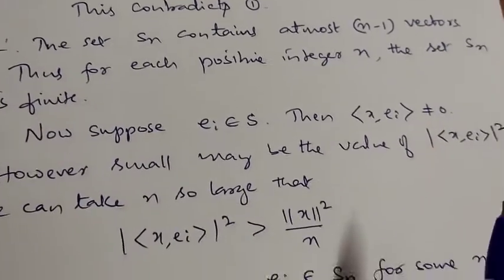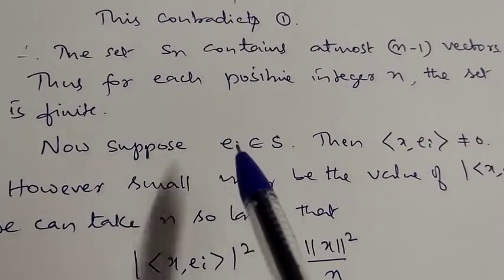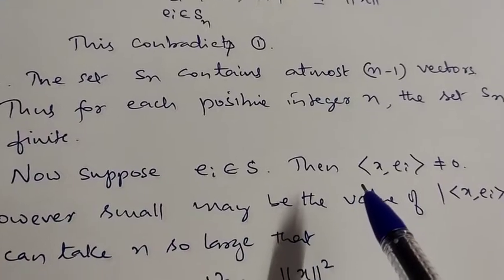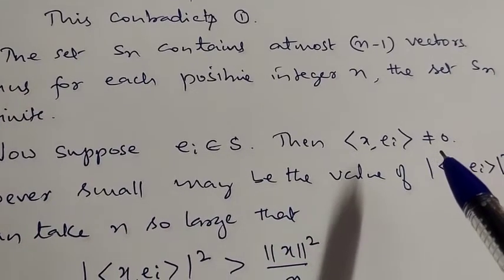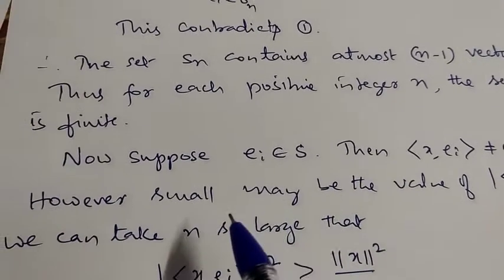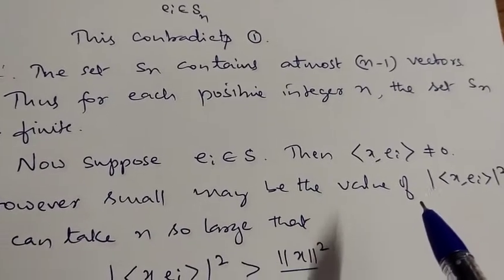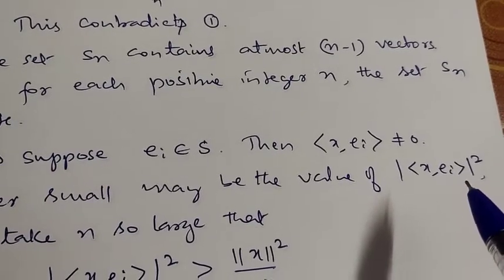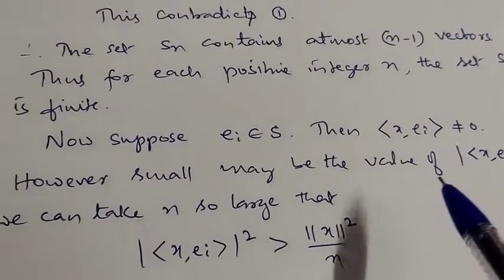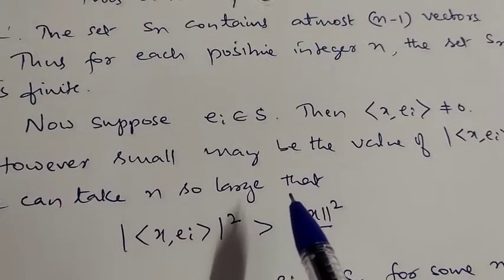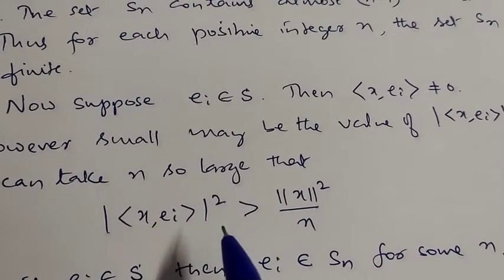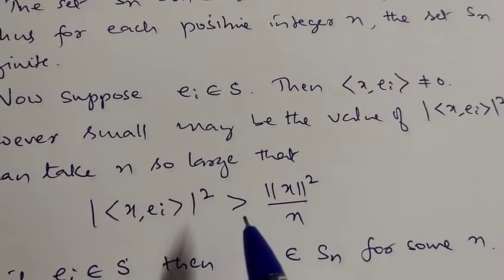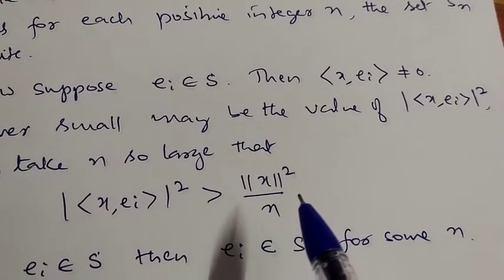Now suppose e_i belongs to S. Then by definition of S, the inner product of x comma e_i is non-zero. However small the value of mod of inner product of x comma e_i whole square may be, we can take n so large that the absolute value of inner product of x comma e_i whole square is greater than norm of x square by n.